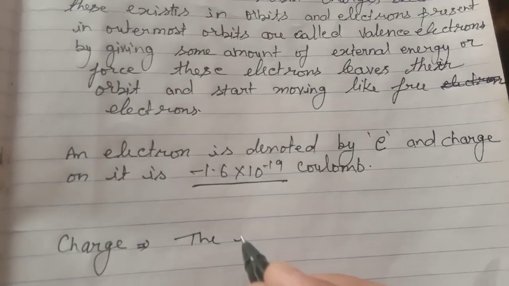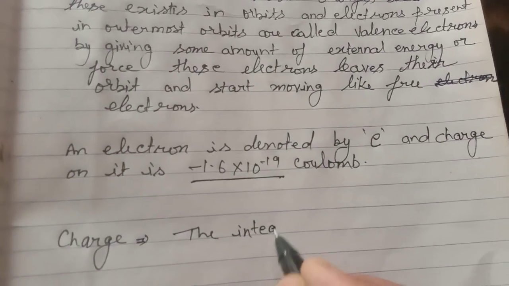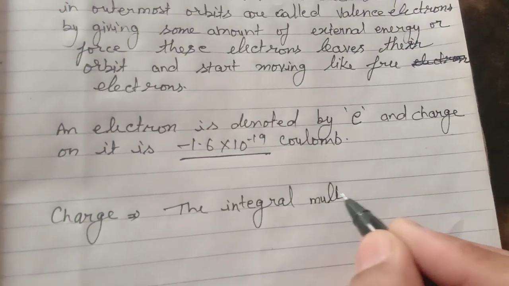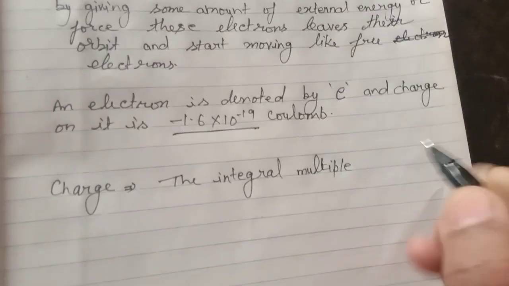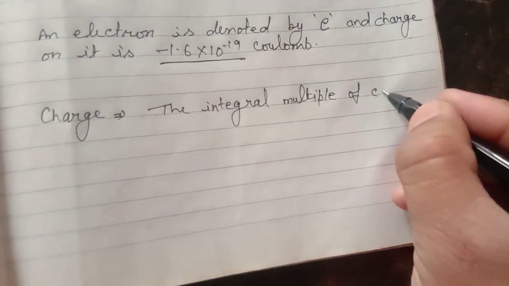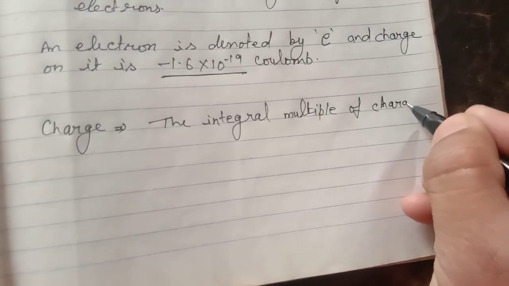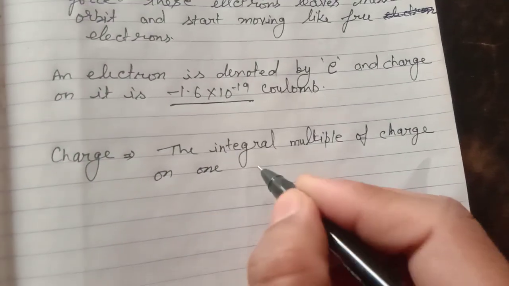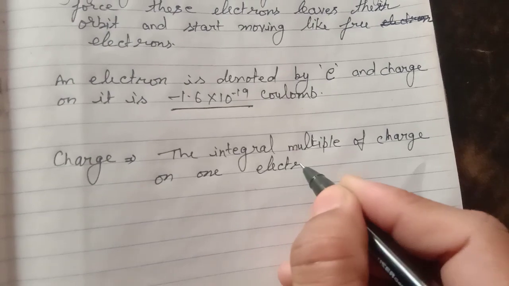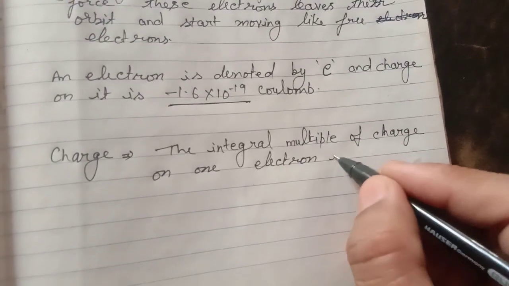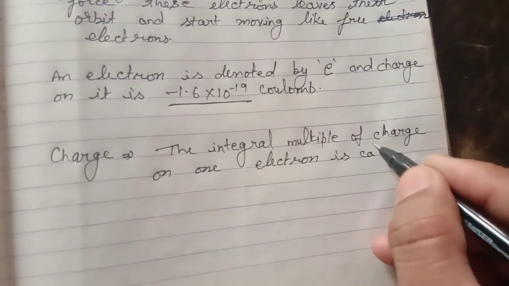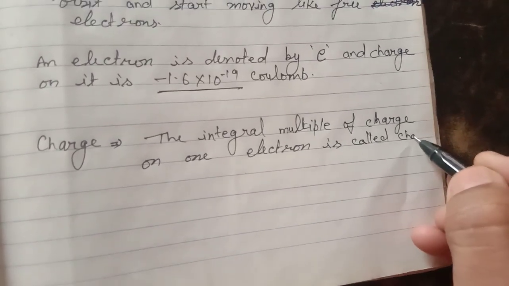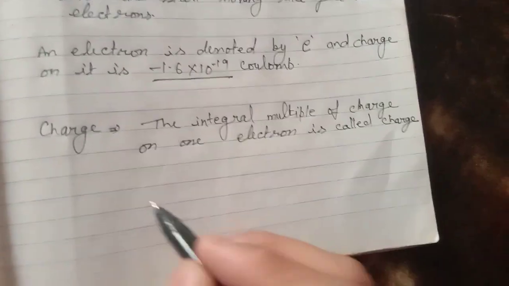The integral multiple of the charge on one electron is called charge.